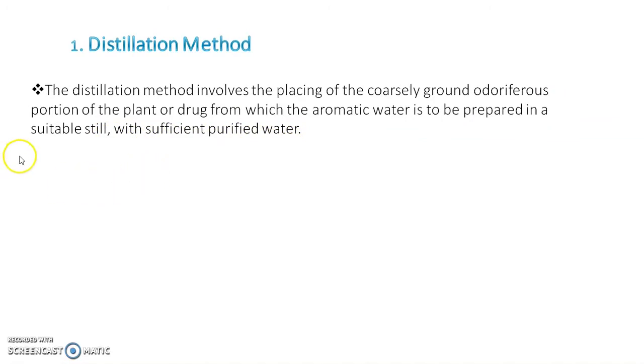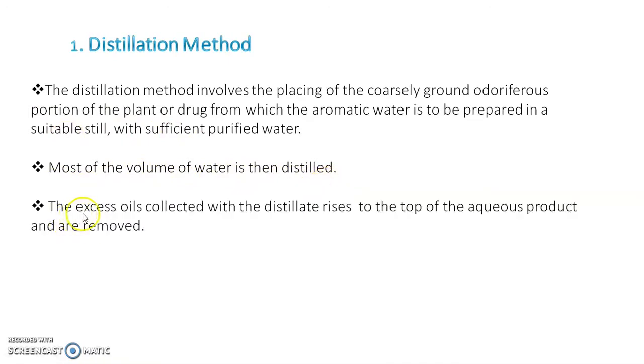We place the coarsely ground portion of the plant or the drug into the suitable container, and in this we put a little bit of water. Most of the volume of water is then distilled, and the excess of oil collected with the distillate rises to the top of the aqueous product and is removed.